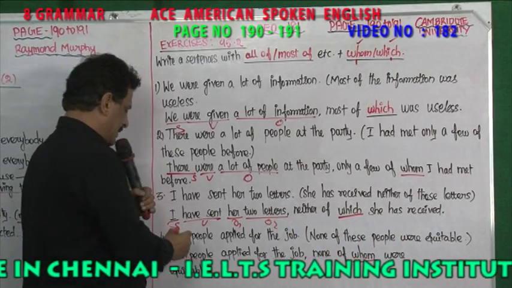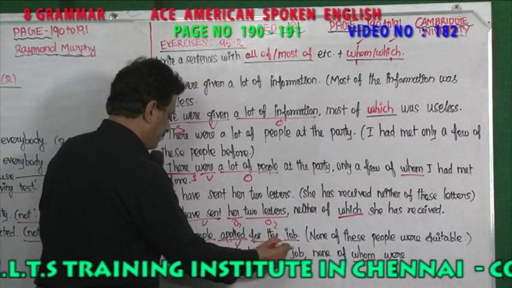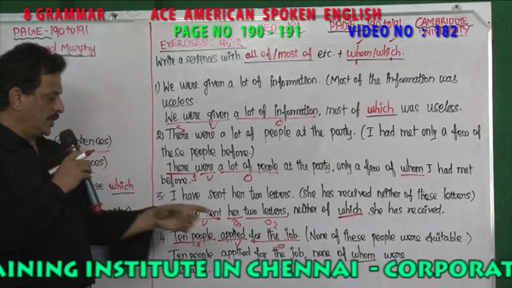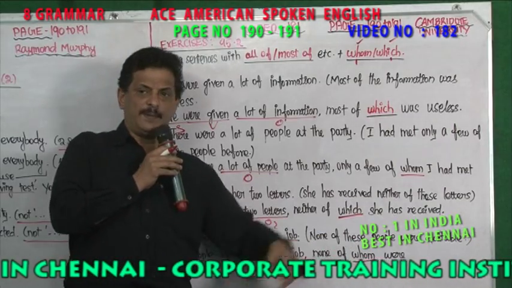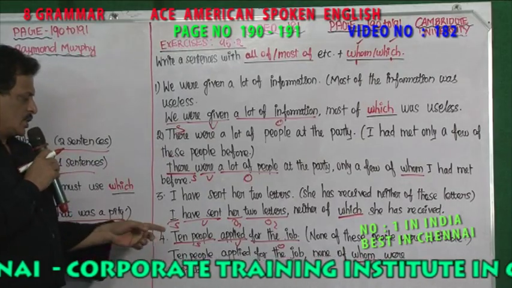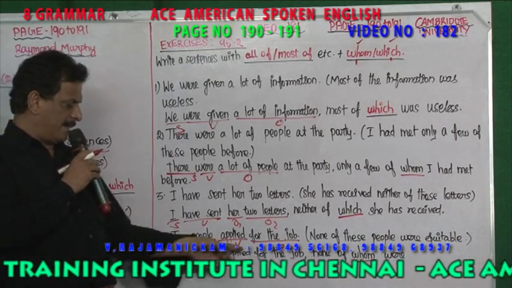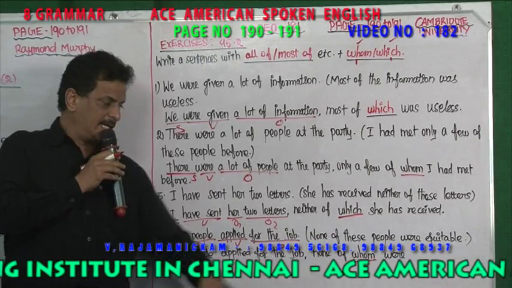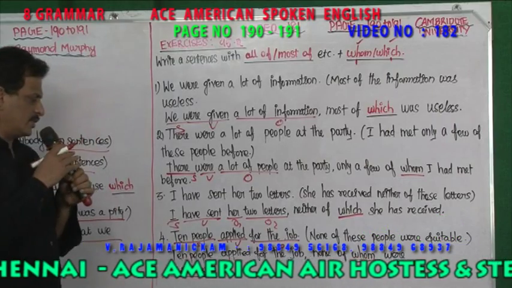So see, 10 people is the subject, applied is the verb, for the job is the object. When you want to mention, say 10 people applied for the job, none of these people were suitable. So when you want to mention the 10 people, none of whom were suitable.